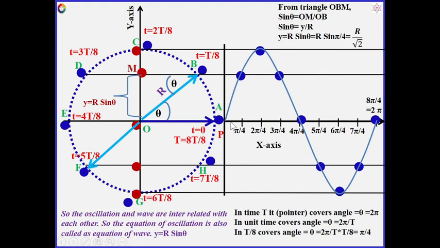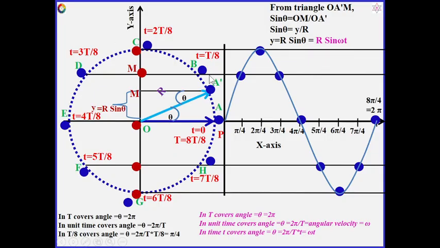So here we find that for each angle, its corresponding displacement can be found. So oscillation and wave are interrelated with each other. This equation of oscillation is also called the equation of the wave, that is y equal to r sin theta.